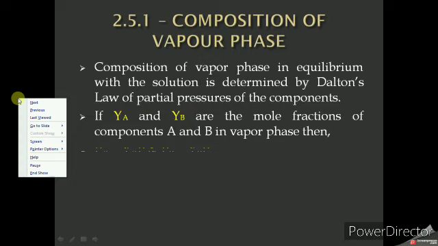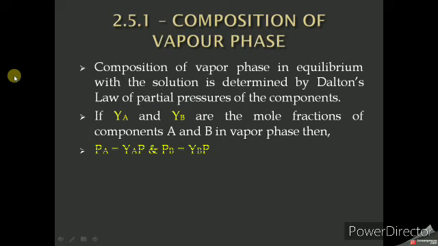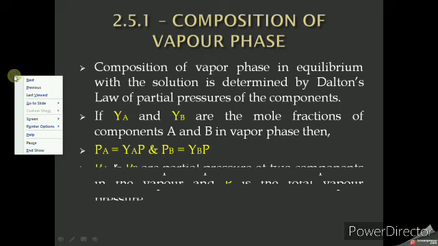YA and YB are the mole fraction of components A and B in the vapor phase. Then what do you write? PA is equal to YA into P and PB is equal to YB into P.